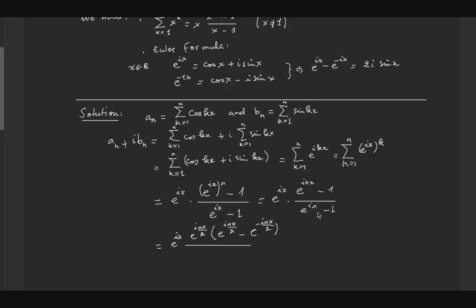The same here, we will factor e to the ix over 2, and we have e to the ix over 2 times (e to the ix over 2 minus e to the minus ix over 2). And so we have e to the sum of these two powers minus the power down, so it's the exponent down.